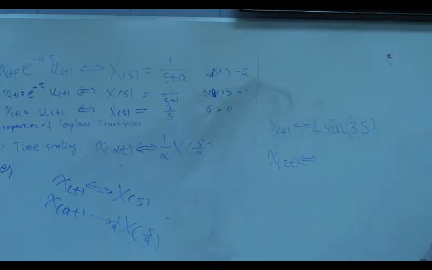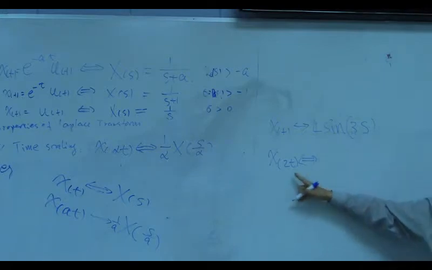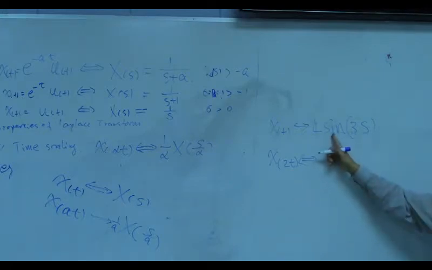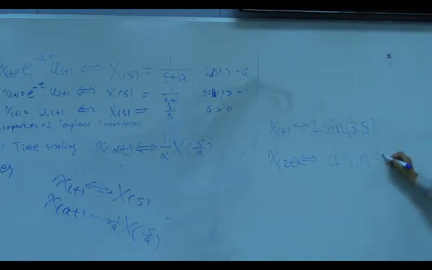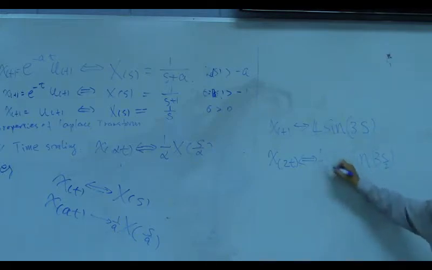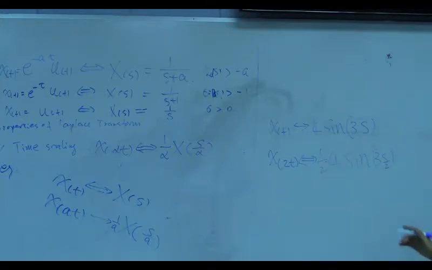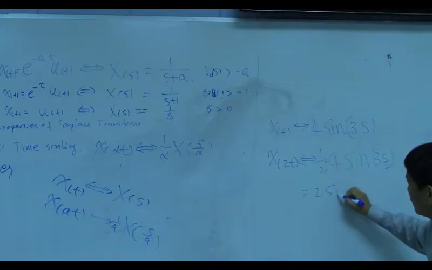We keep the function of this one, so we still use capital X, which in this case is sin(3s) over 3s, the original. But we need to replace that s with s over 2, and then divide by 2 in front. That's it. So that will be equal to 2 sin(1.5s) over 1.5s.